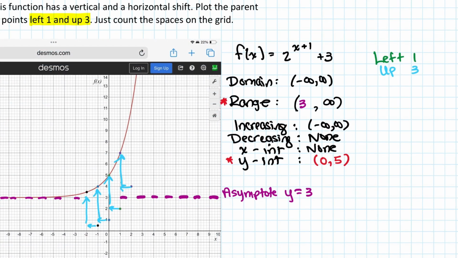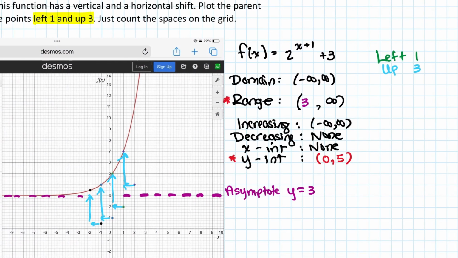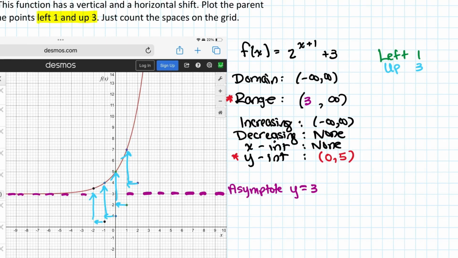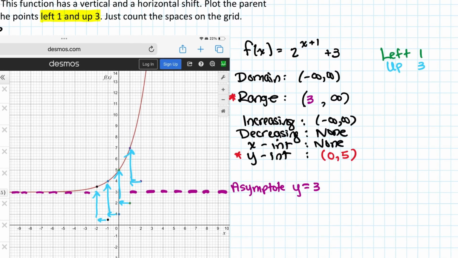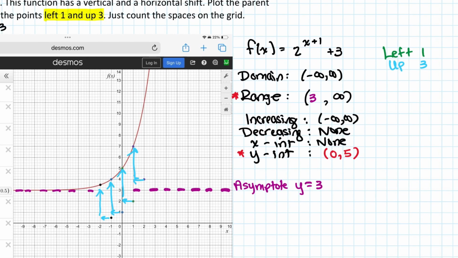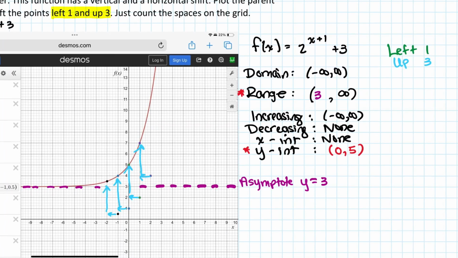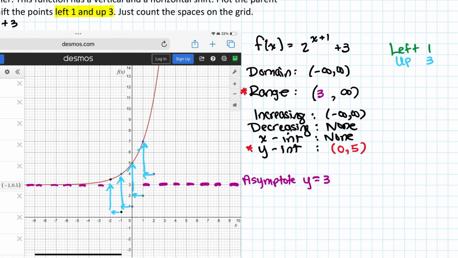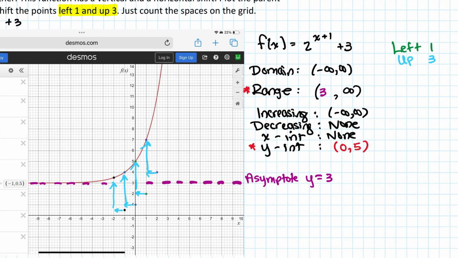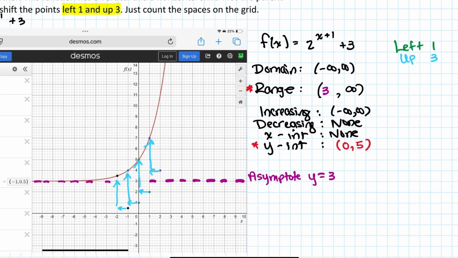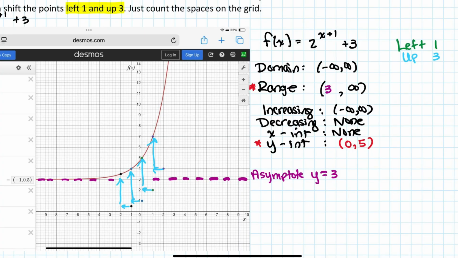Remember that we were going to adjust our parent graph left 1 and up 3. So after we do that, note that that changes our asymptote, which is now y equals 3. And so that changes the range and the y-intercept. But everything else remains the same as our parent graph.